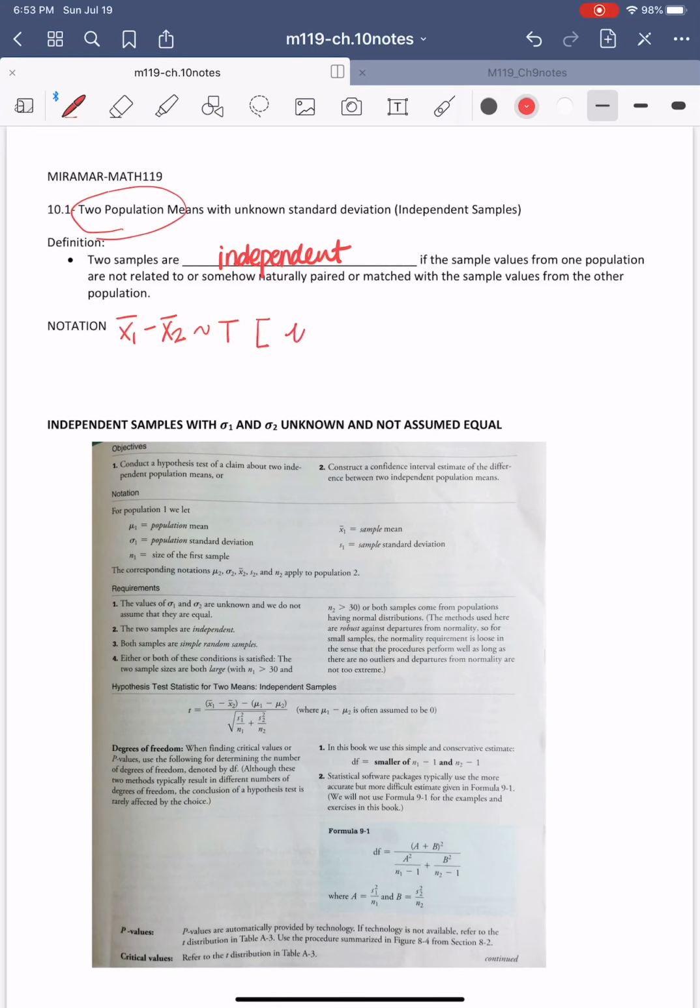We put the mean value, the difference between the two population means, and standard deviation is calculated as, instead of S divided by n, since we have two, sample standard deviation from the first group, S1 squared over n1 plus S2 squared over n2.